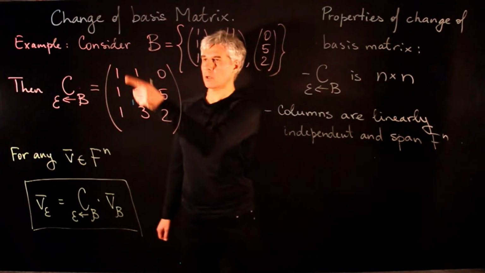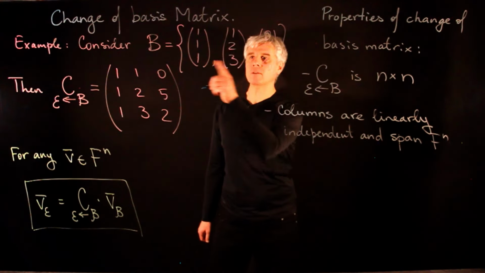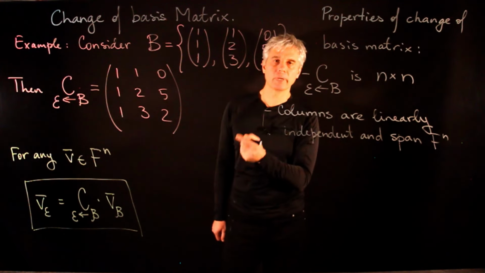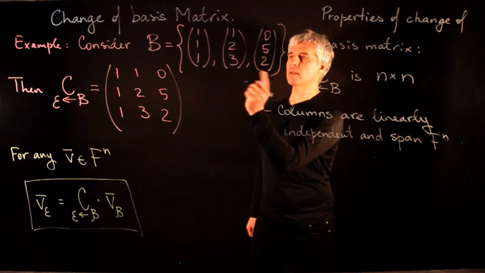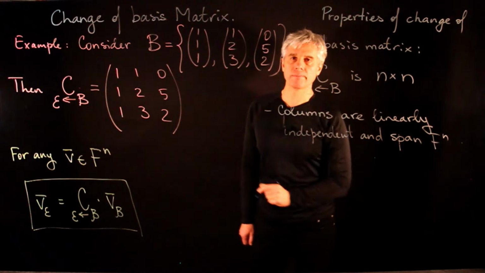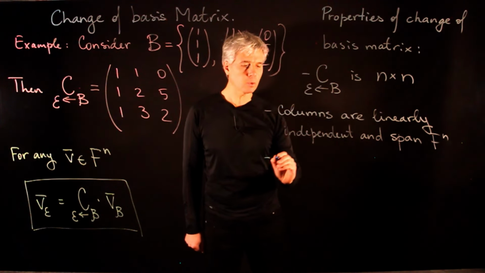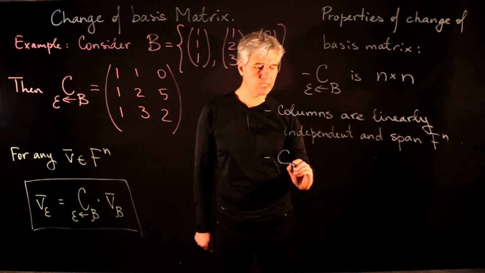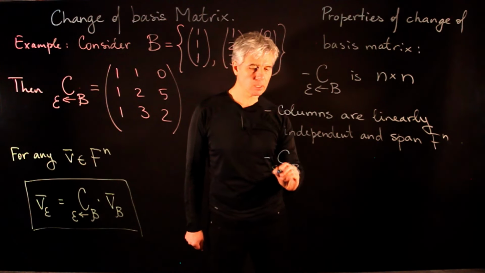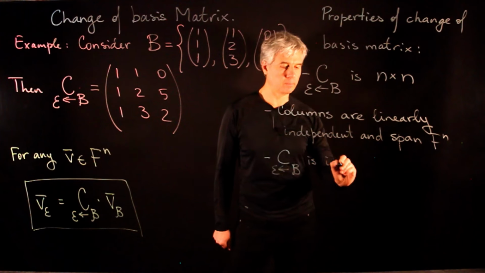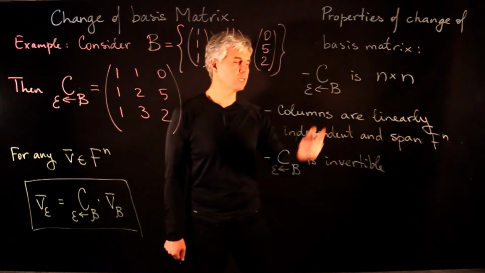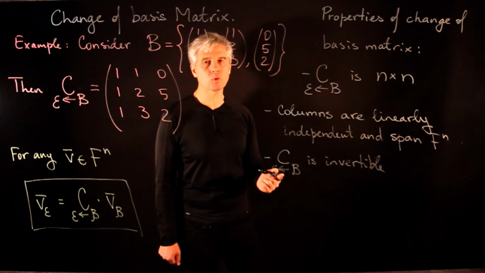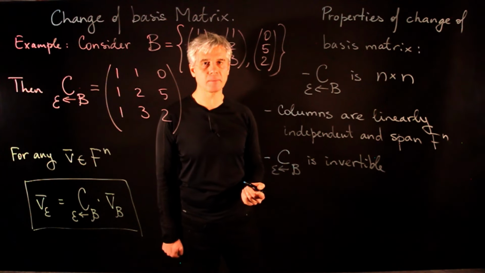This is because the columns are vectors from the basis B, and by definition, vectors in a basis are linearly independent and span the space. From here, it follows that the change of basis matrix is invertible, because the previous condition tells us that its reduced row echelon form is the identity matrix.